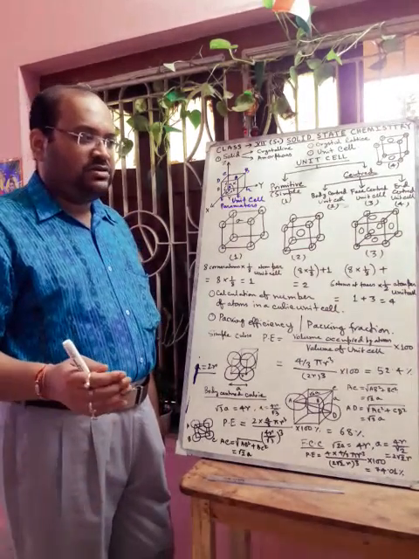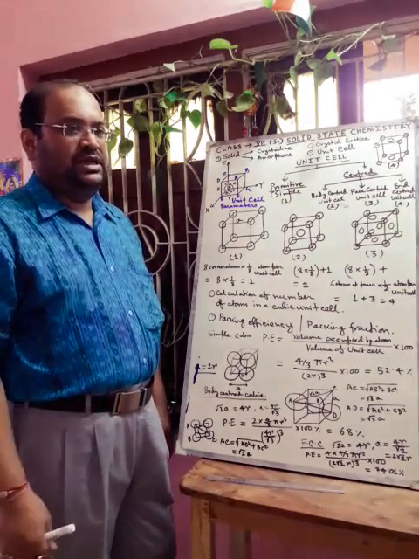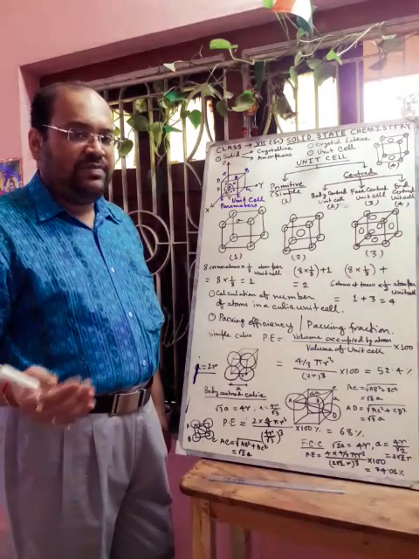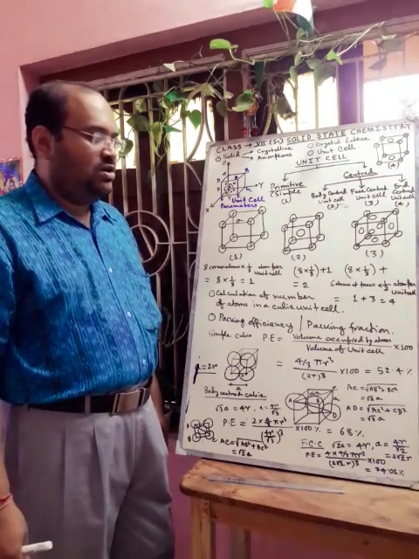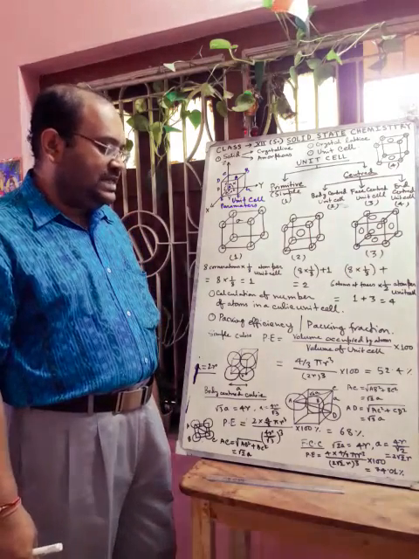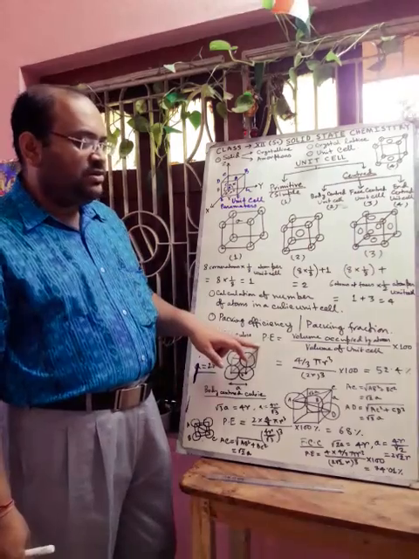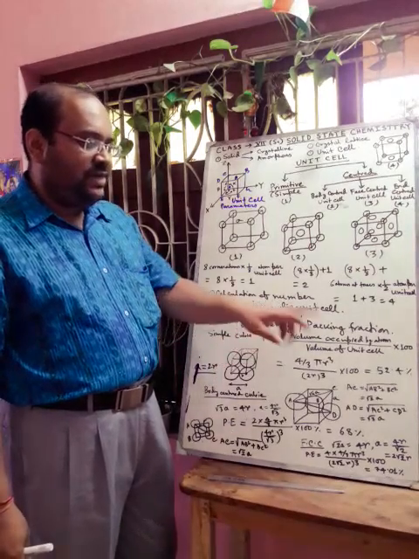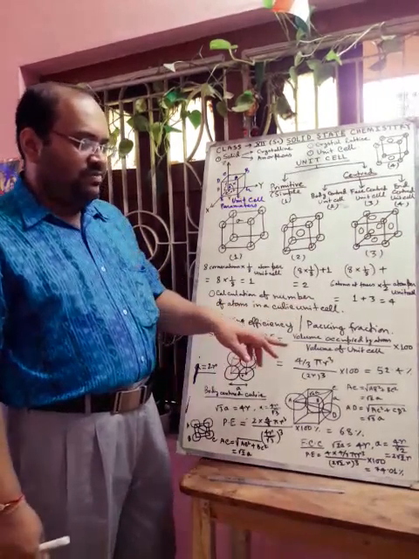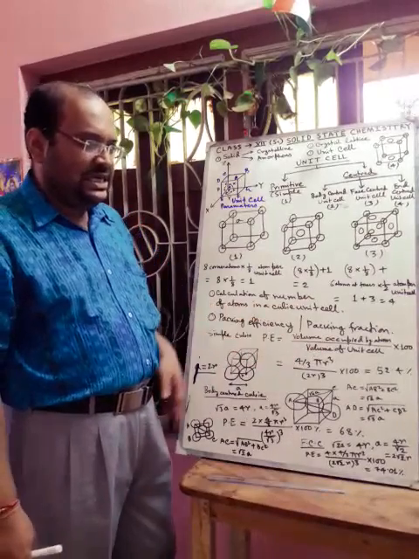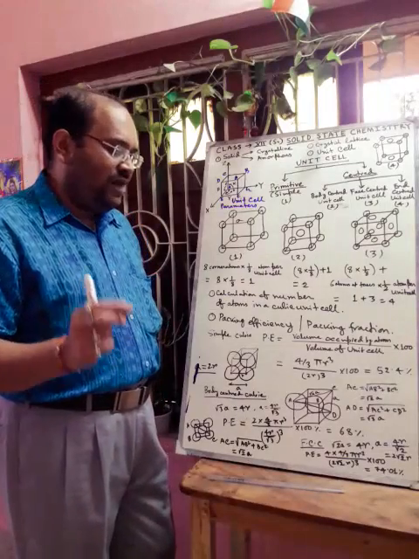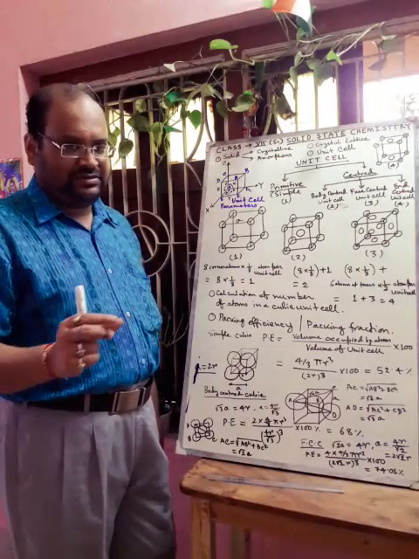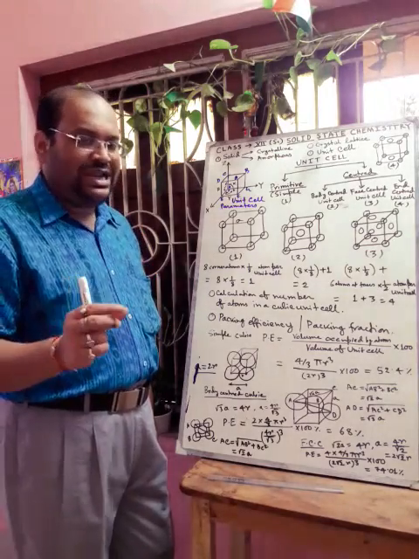If we think about any kind of packing, then there will be some void spaces. So how to calculate packing efficiency? Packing efficiency will be the volume occupied by the atoms divided by volume of unit cell into 100. So in a particular volume, how much is occupied by atoms, that is called its packing efficiency.